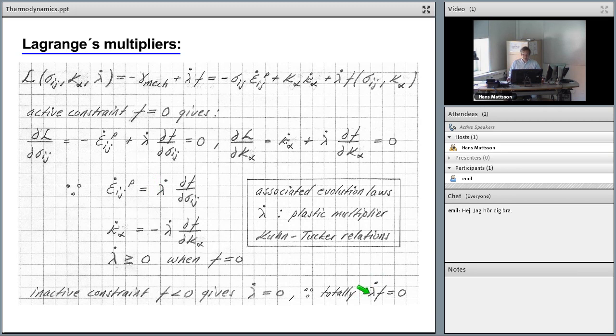And this holds, and then we get this result, that when the yield function is 0, then the plastic multiplier must be larger or equal to 0, and if the yield function value is smaller than 0, then the Lagrange multiplier must be equal to 0.